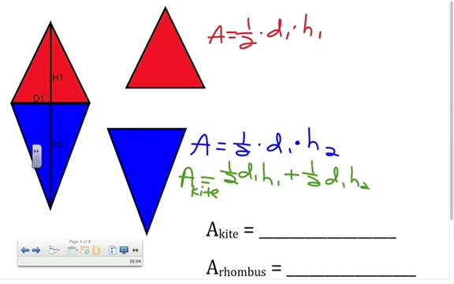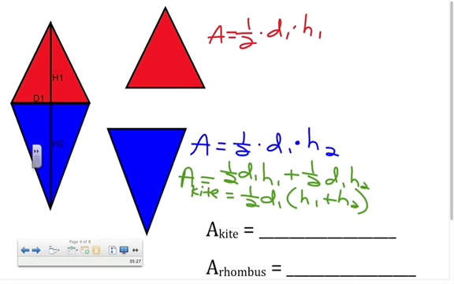So I can factor that 1/2 d1 out as my greatest common factor, and you've seen this before. You did this last year in algebra. So I'm rewriting this as 1/2 d1 times h1 plus h2, which is what I have left out of those terms when I pull the 1/2 d1 out.